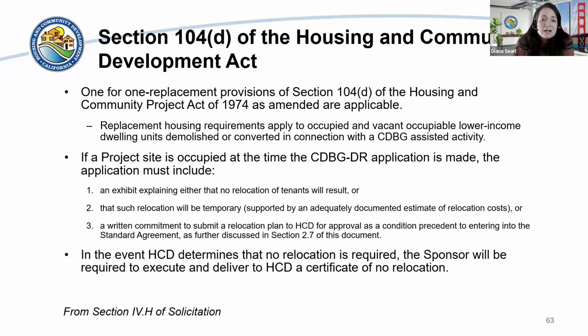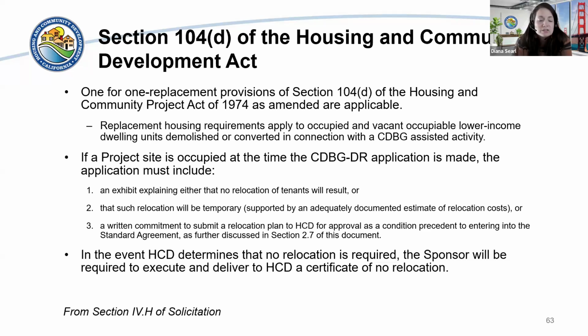If a project site is occupied at the time of the CDBG-DR or DRSL application, the application must also include an exhibit explaining that there are no relocation of tenants that will result, or that such relocation will be temporary and it is supported by adequately documented estimate of relocation costs, or a written commitment to submit a relocation plan to HCD for approval as a condition precedent to entering into the standard agreement.